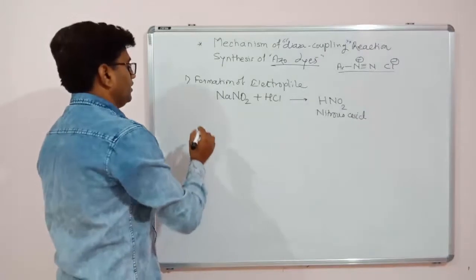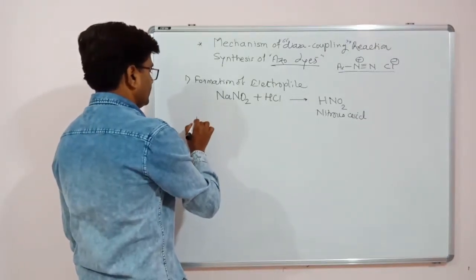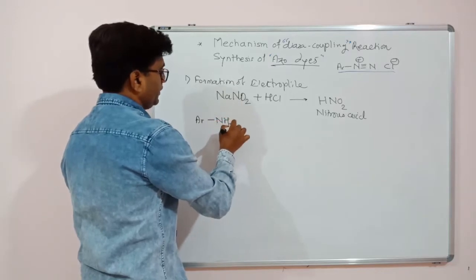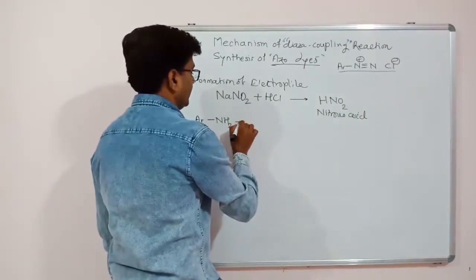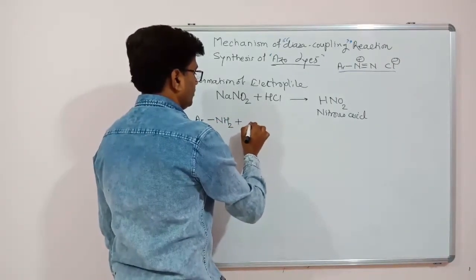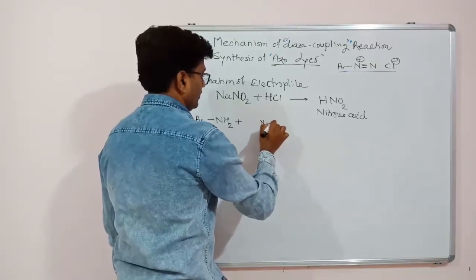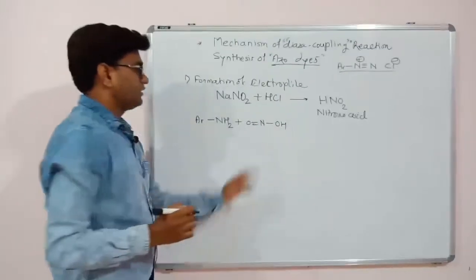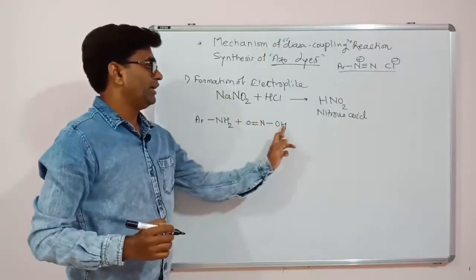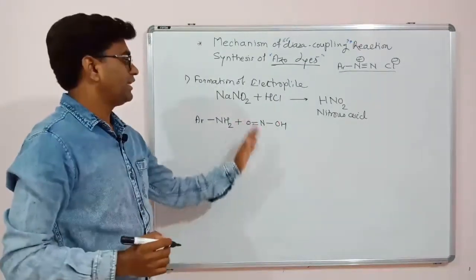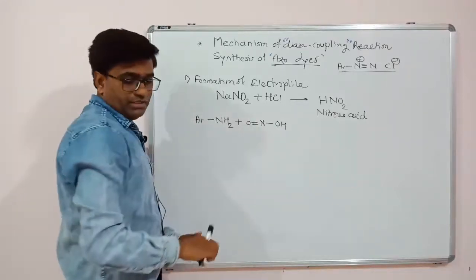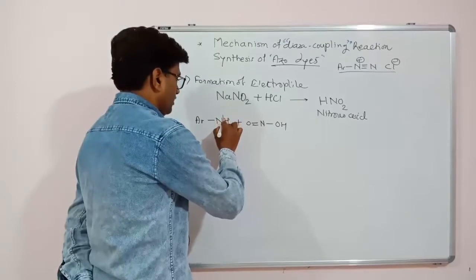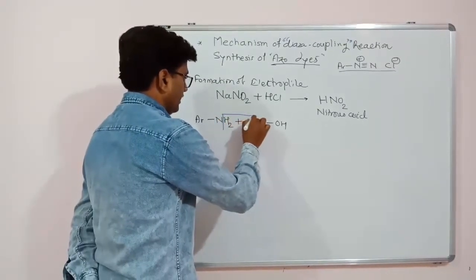First, the amine, ArNH2, will react with nitrous acid. The structure of nitrous acid is like this, that is O=N-OH. So this is the nitrous acid structure. What will happen? There is a condensation reaction of the amine and nitrous acid.